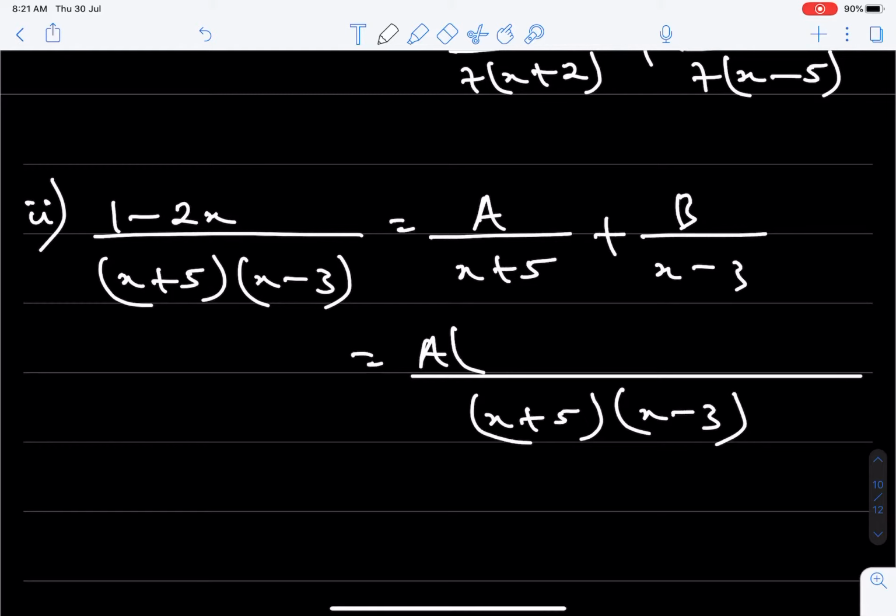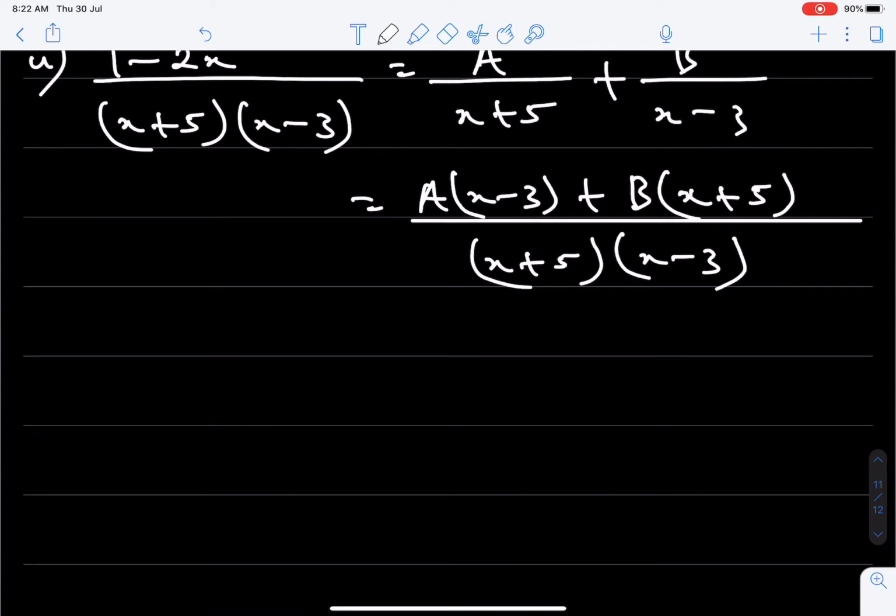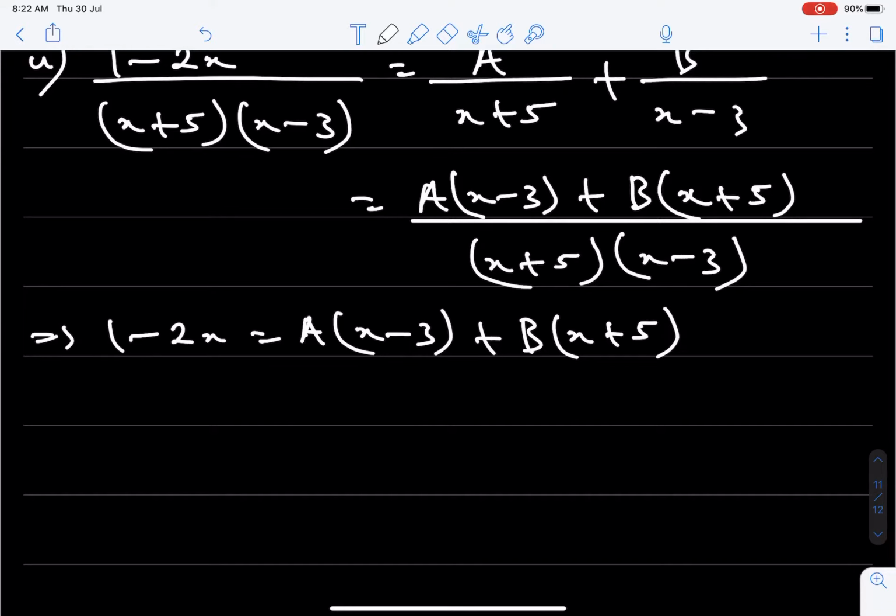And then we have a times x minus 3 plus b times x plus 5 at the numerator. So since the denominators are the same, that means the numerators are also equivalent. 1 minus 2x equals a times x minus 3 plus b times x plus 5.